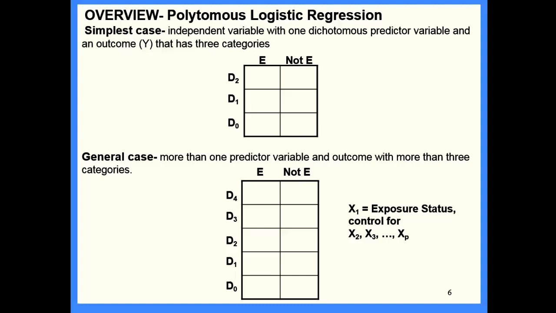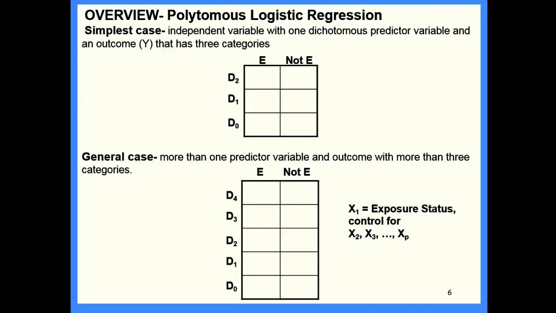So that's a simple extension of binary logistic regression. And a more general extension says, well, maybe instead of 3 categories of the outcome, you have 5 categories of the outcome. And not only do you maybe have an exposure variable, but you may have some other variables you want to control for. So it could be more general than that. So we're going to look at this to some extent and how to deal with this.